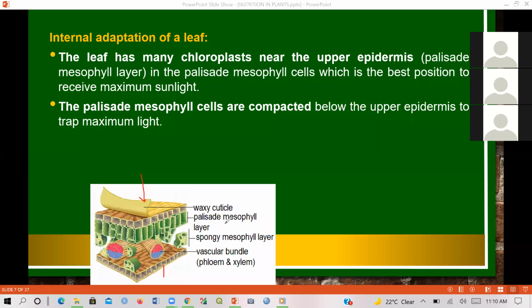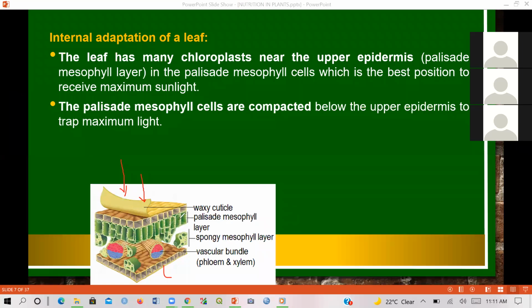Now when you look at this plant here, you notice that this upper part here, the one that is appearing green in color, of course, the reason why it is appearing green in color, it means it is that which is having chloroplasts, which have chlorophyll for photosynthesis.